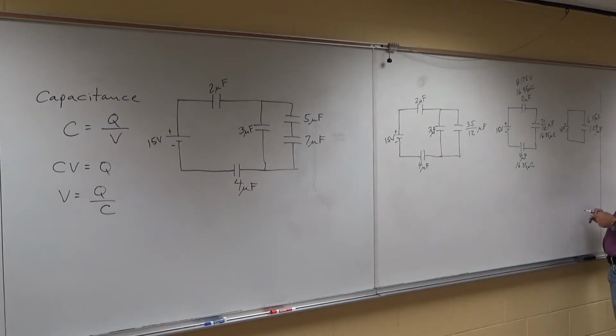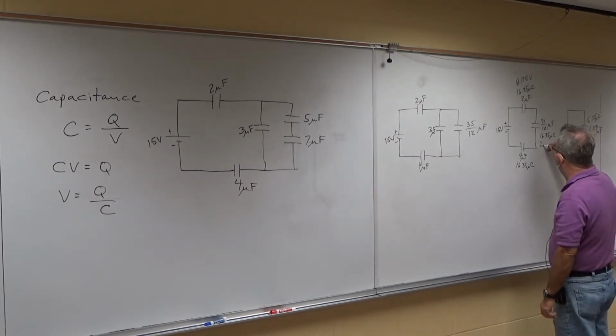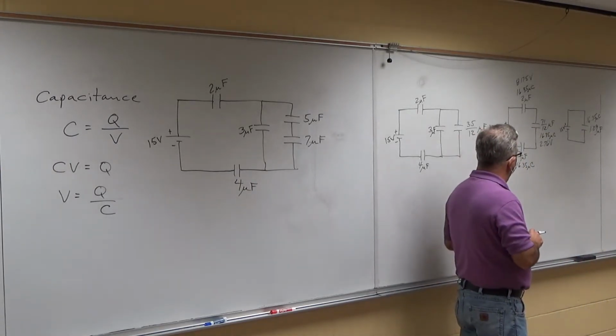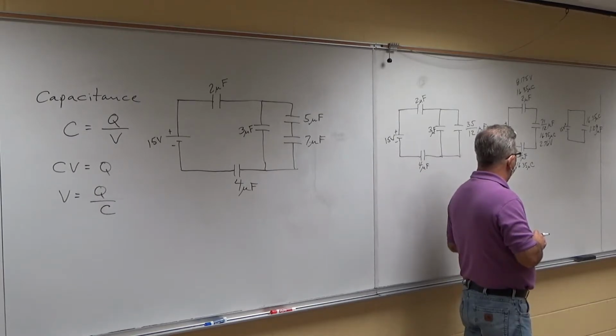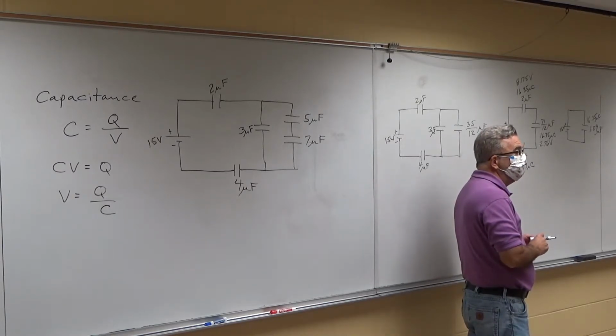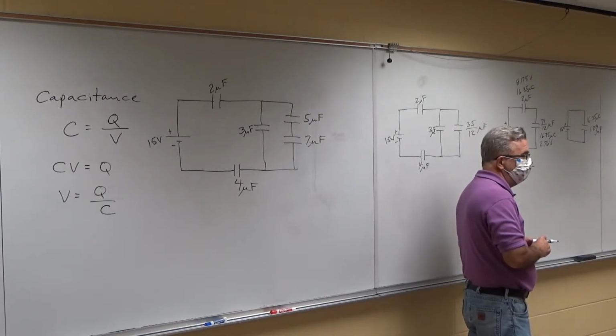That's about 2 point something, I guess. What do you get here? Charge divided by capacitance. 2.76. Okay, 2.76 volts. Then this one's 16.35 divided by 4, which is about 4 point something. 0.875.